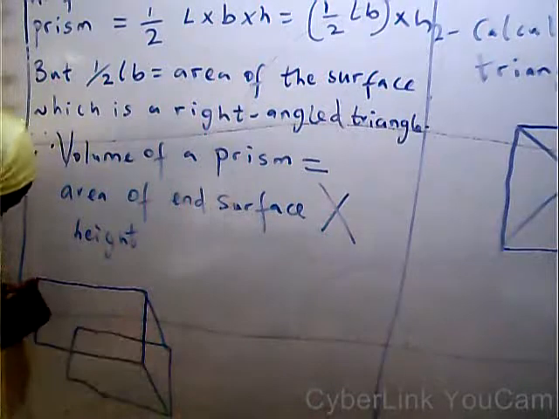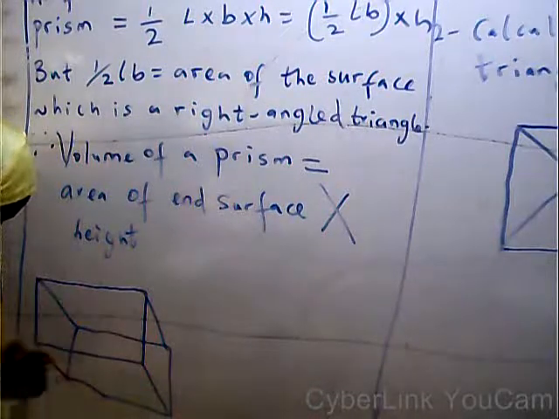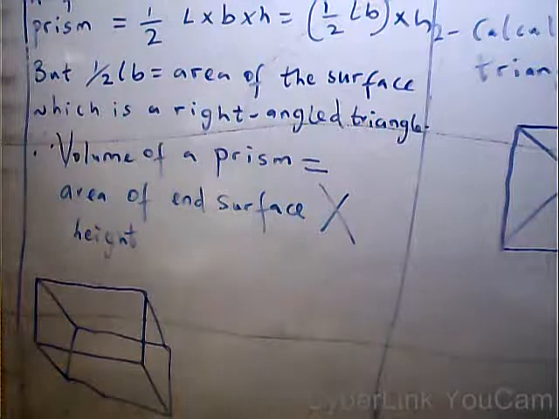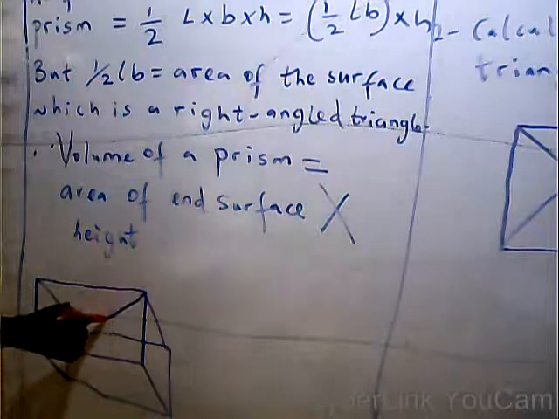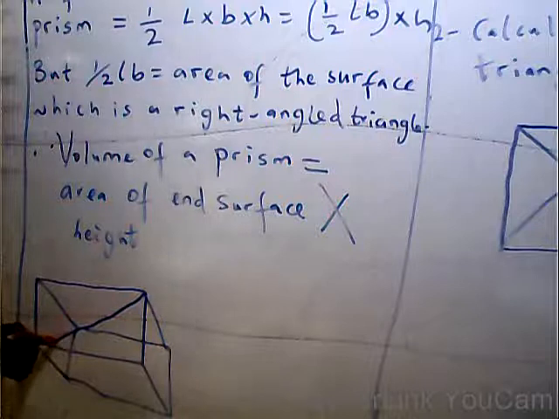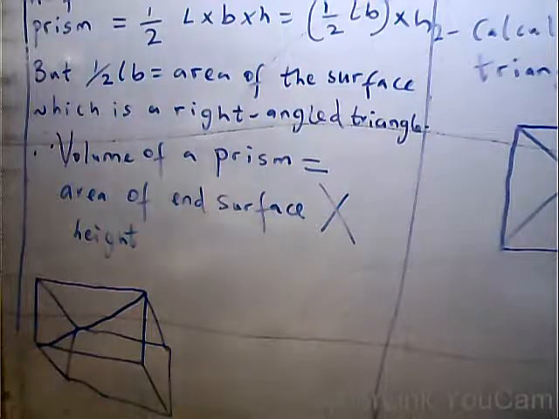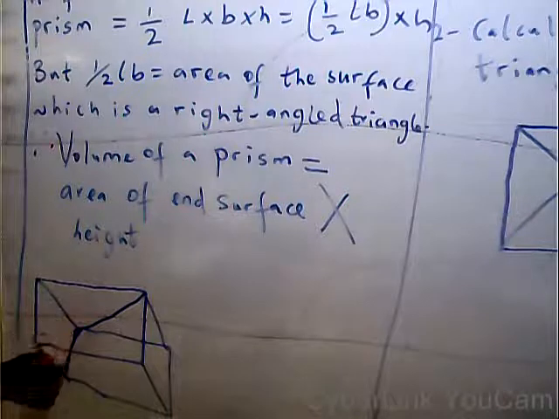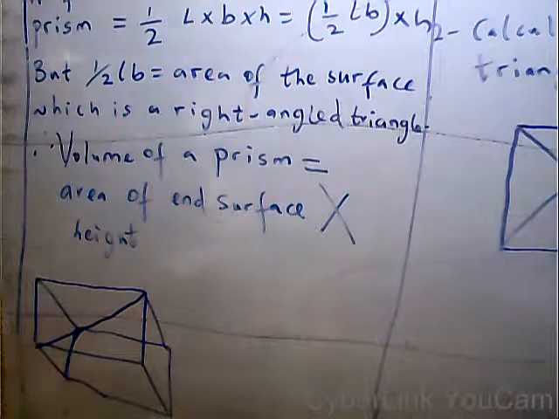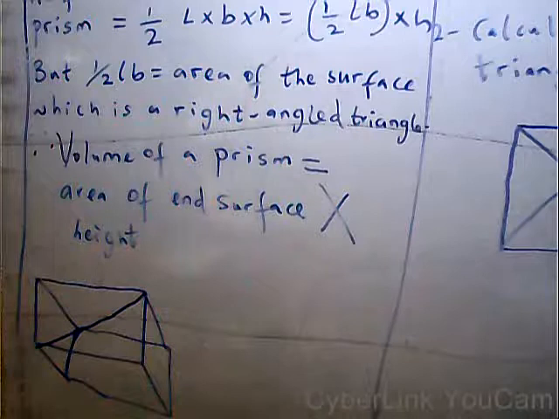Now, if I divide this block into two like this, one part is what we call a prism.